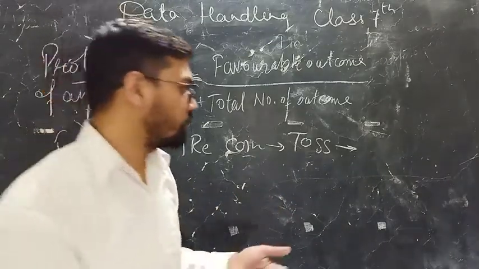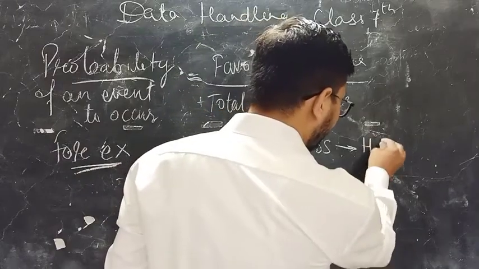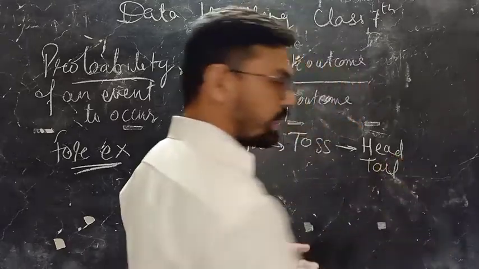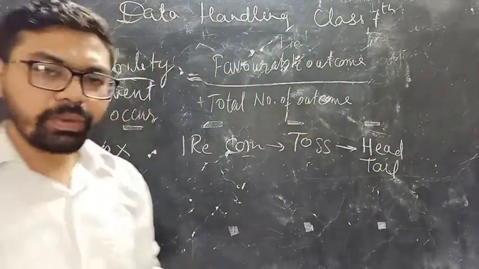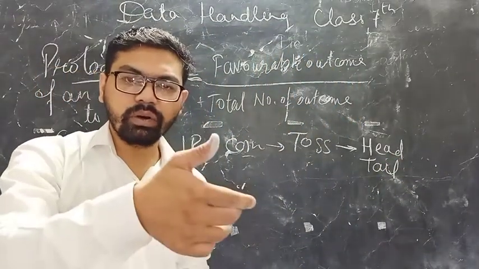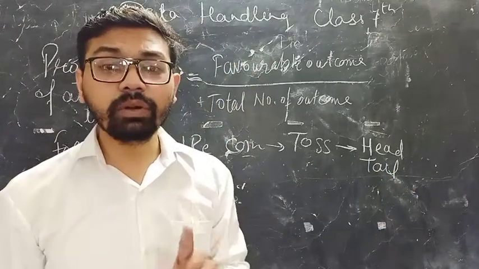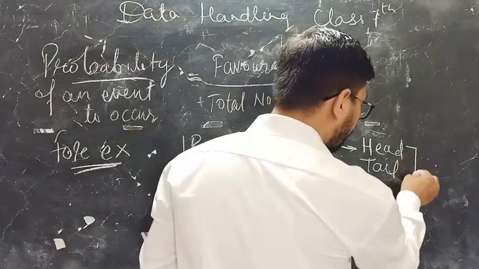Either you can get head or you can get tail. Obviously, either you will get head or tail. Let's say you have a coin and you just toss that coin. Either head will come or tail will come. That means total number of outcomes, how many do you have? 2.